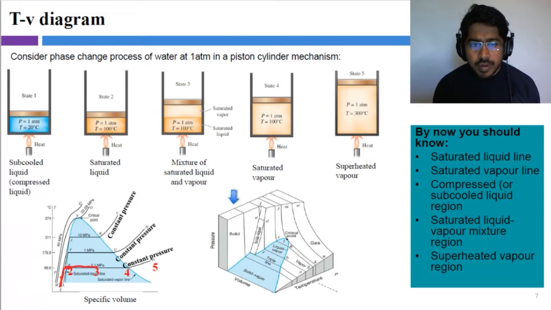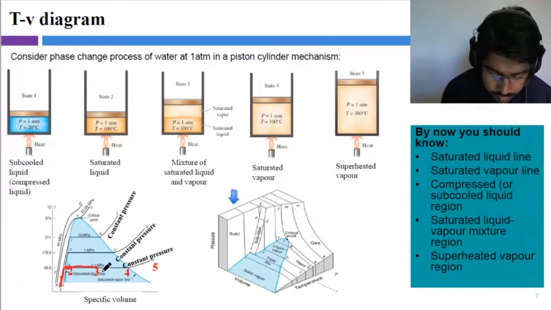Maybe you remember, if you have ever used a kettle, if you put water and forgot about it, then you come back and see there's no water inside. This is what happened. You provided more and more heat, more energy, and you turned all the liquid inside the kettle into water vapor, right?